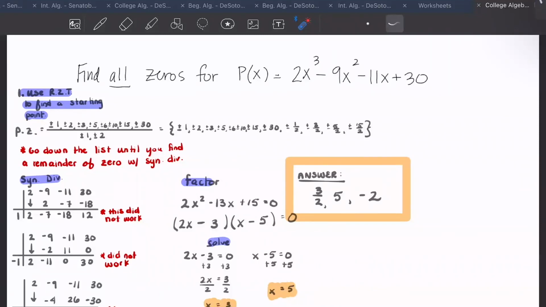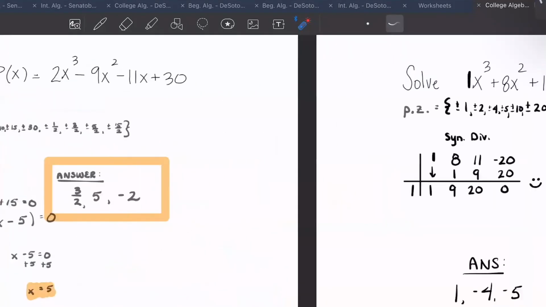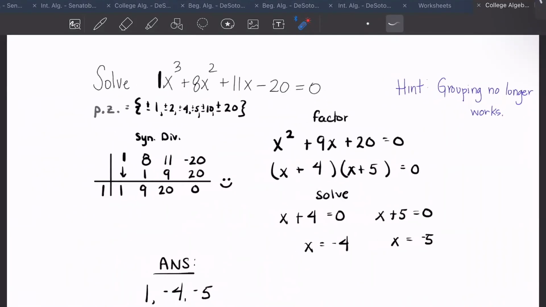Then I can ask you to find all zeros, not all possible, all zeros. That's when you have to find possible zeros and then use synthetic until you get a remainder of 0, factor and solve using that new polynomial from your synthetic division. And that's it.